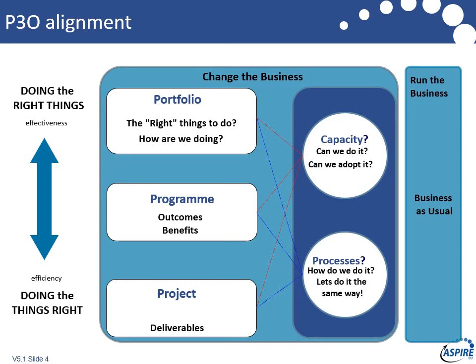So within the box, you can see the change the business. We've got portfolio management, it's about doing the right things. Program management, which is about getting outcomes and benefits from our investment. Project management, about deliverables. And what we're trying to balance there is, do we have the right processes to enable this to happen? And do we have the right capacity? Because one of the big things about portfolio management is being able to understand when you're actually overdosing on projects.